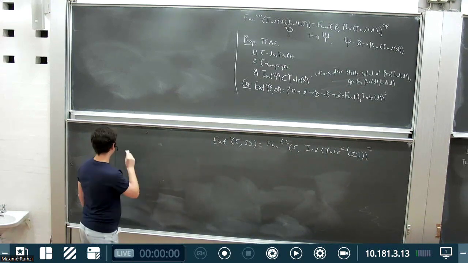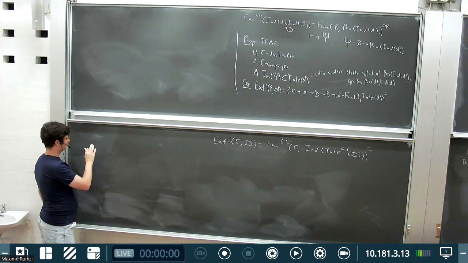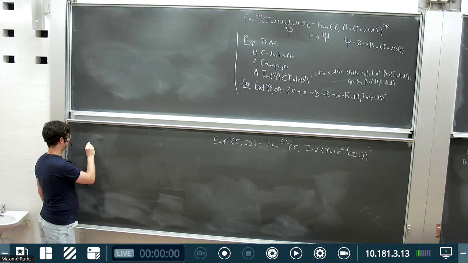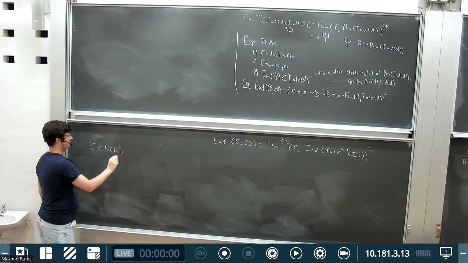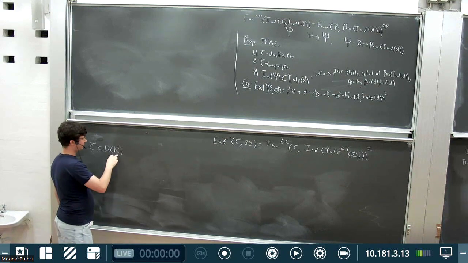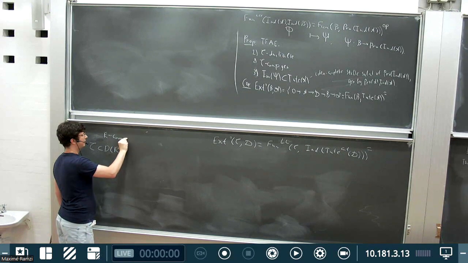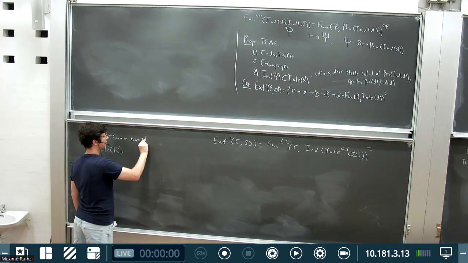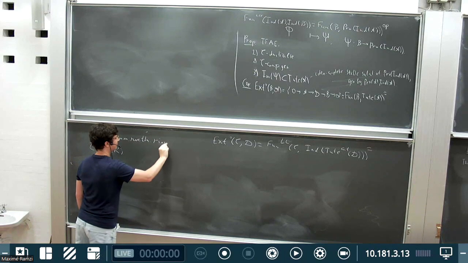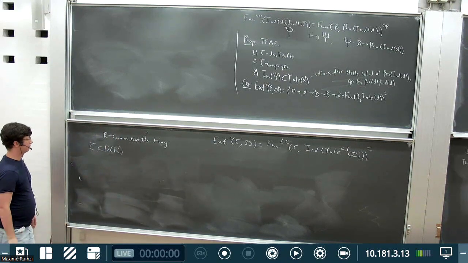Okay, so let me finally mention this classification. We consider subcategories of the derived category of a commutative Noetherian ring.